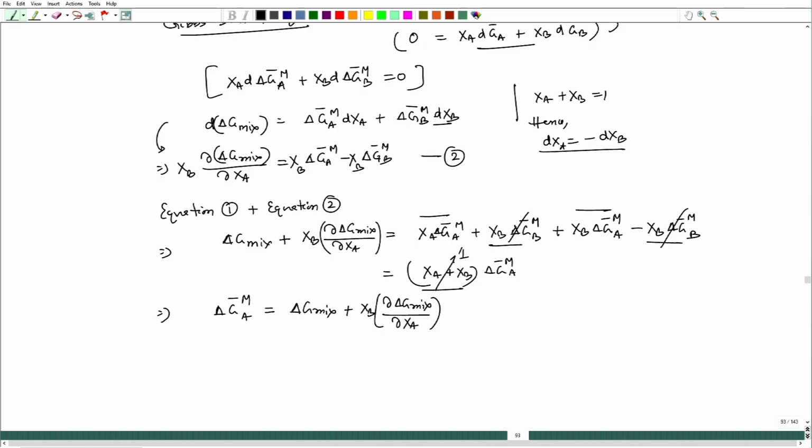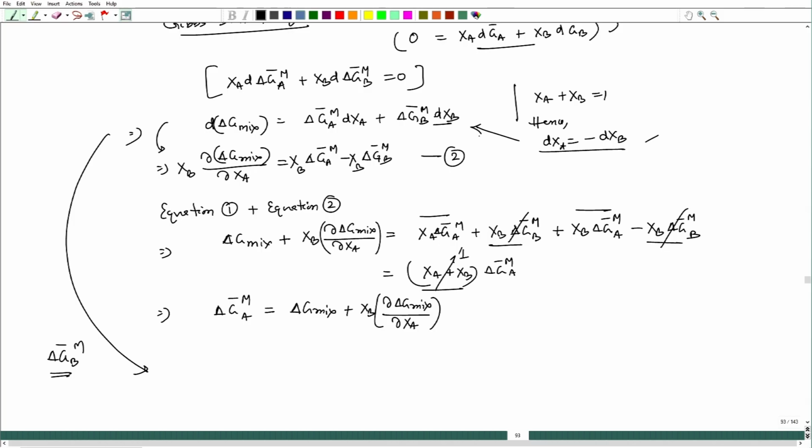Similarly, one can find out the other one. The only thing that has to be done here is, to find delta G bar M B, we replace dx A with minus dx B. The same expression we can replace here.